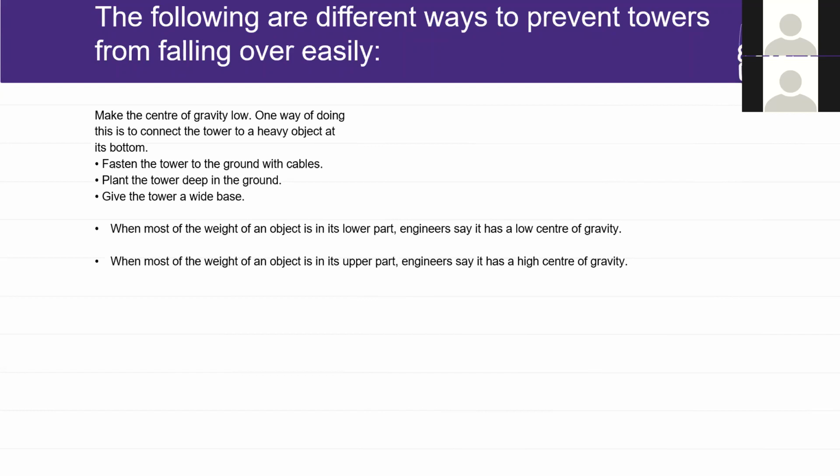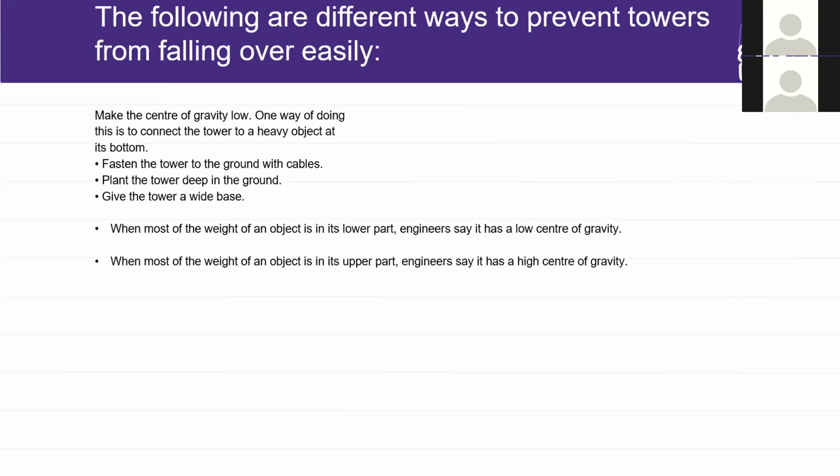There are many other ways of making your structure stable, but if you lower the center of gravity... I hope you understand what is meant by gravity. Gravity is the force that pulls objects downwards to the ground. We call that force the force of gravity.